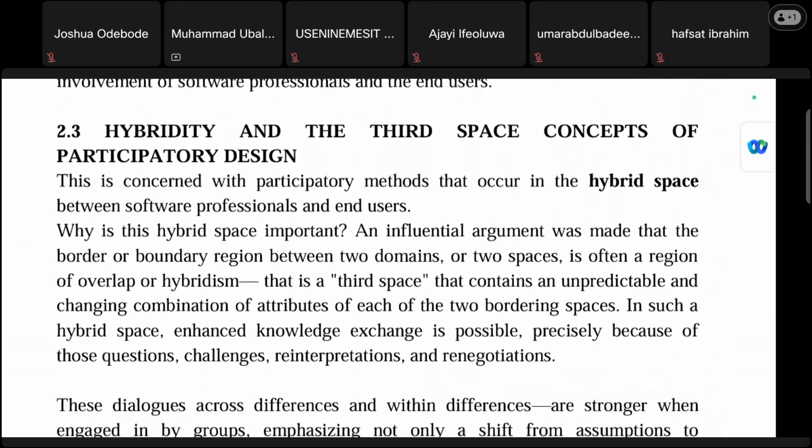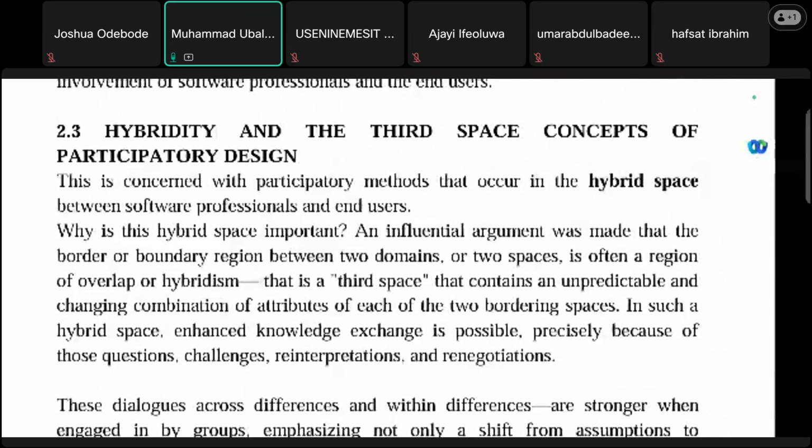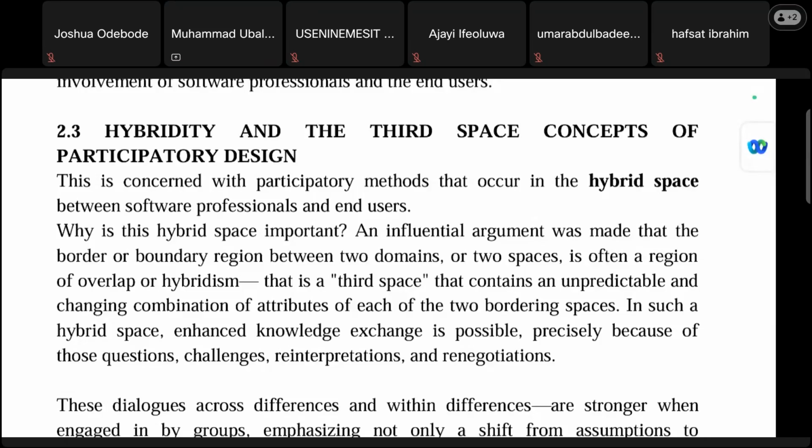the next, hybridity, and the third concept of participatory design. Now, this is concerned with participatory methods that occur in the hybrid space between software professionals and end users. Now, what does this mean? First of all, we need to understand what the third space is talking about.